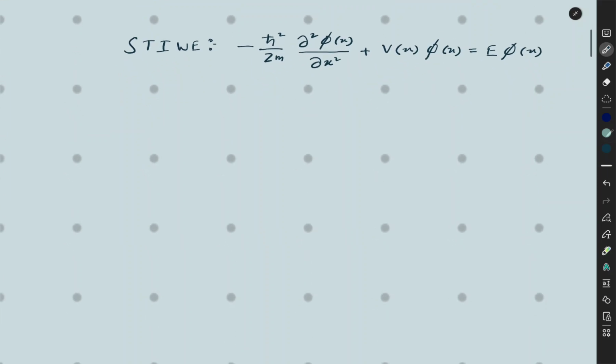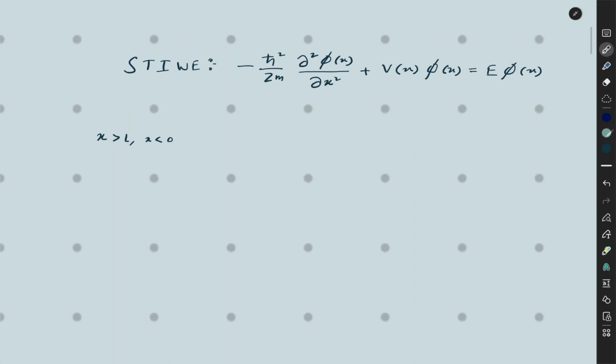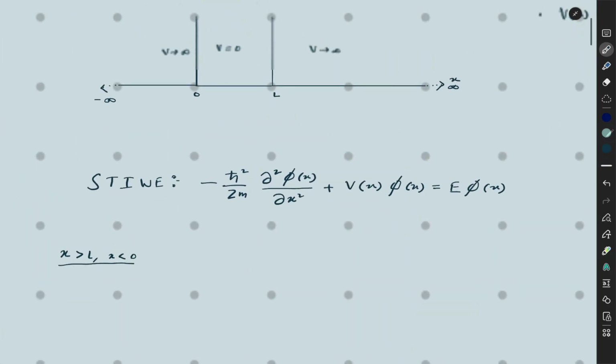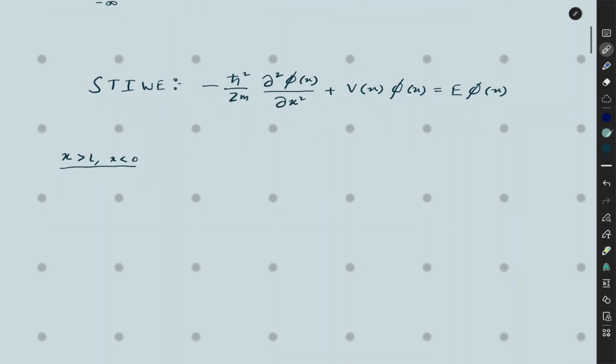Now if we consider x greater than L and x less than 0, then we can see that V is tending to infinity.